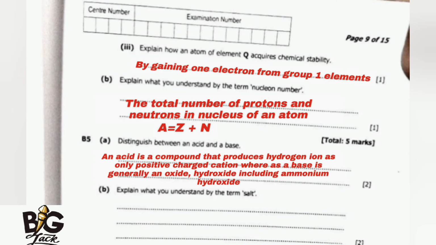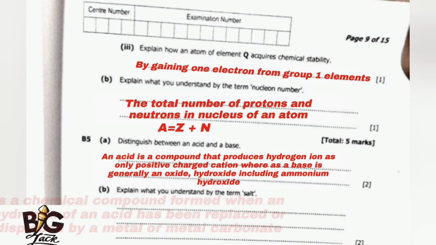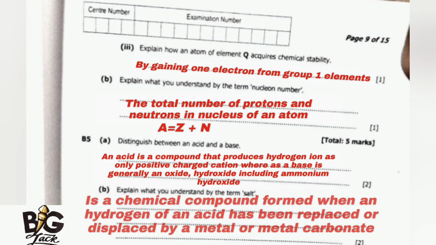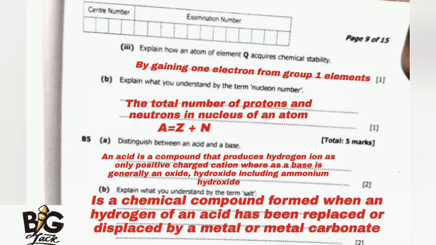So in this case, I'm going to say a salt is the chemical compound formed when the hydrogen of an acid has been displaced partially or fully by a metal or a metal oxide. That is the salt.